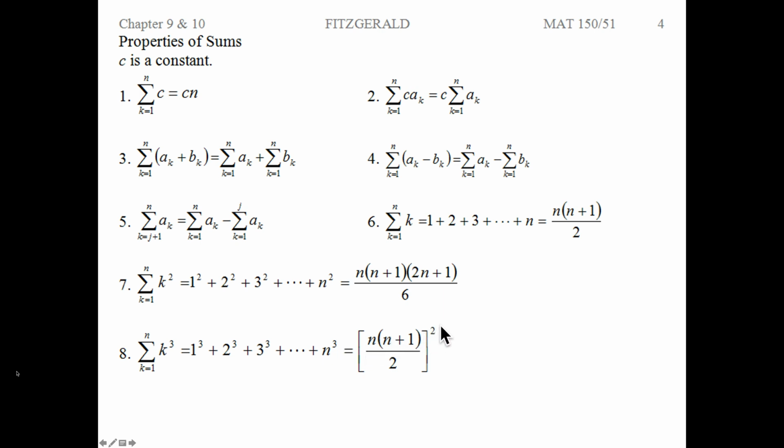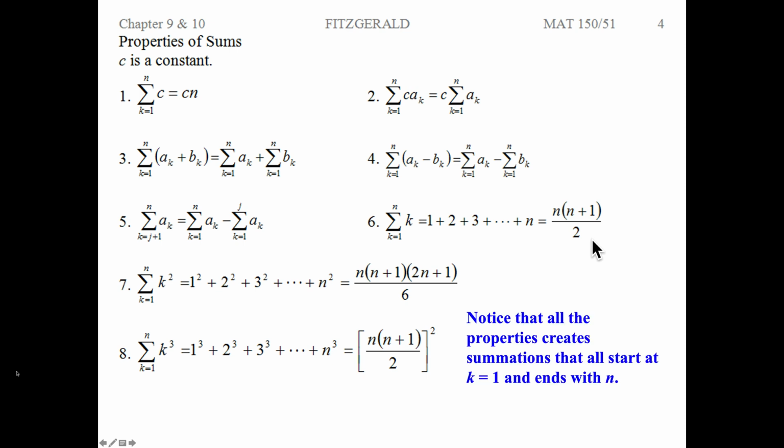I'm squaring it, so that means that's n times an n, and an n plus 1 times an n plus 1. There's my 4 n's. Well, wait a minute. This is exactly the same as when k was to the first power. So when k is to the first power, then I jump to k cubed, I just square the k to the first formula.